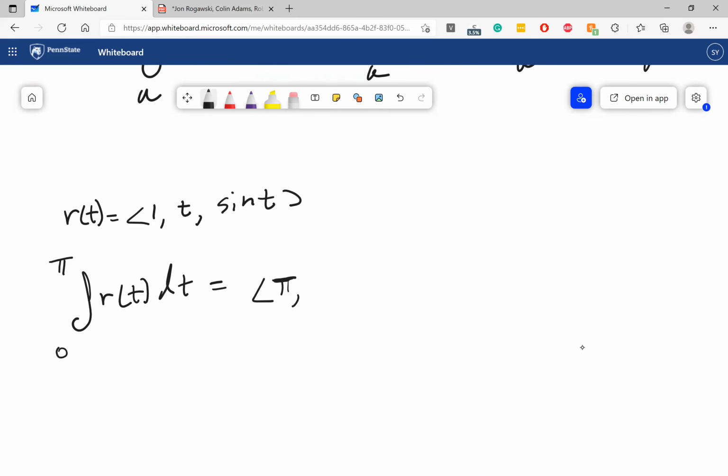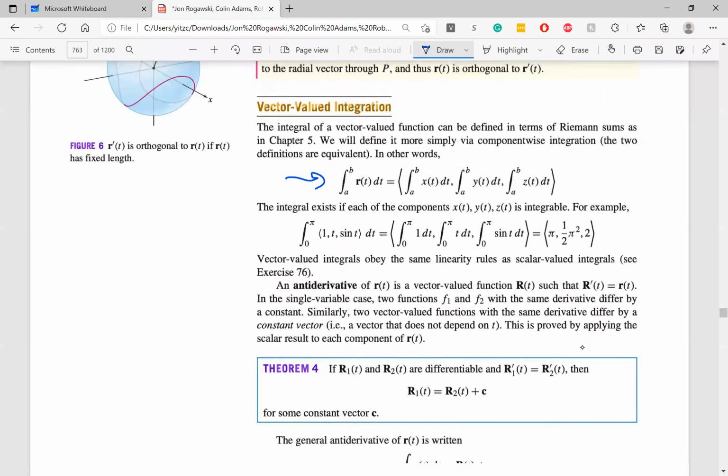For the second one, we get t squared over 2, and then we just put in pi. And for the third component, we get negative cosine of pi plus cosine of 0. Right? So we just do each component individually.